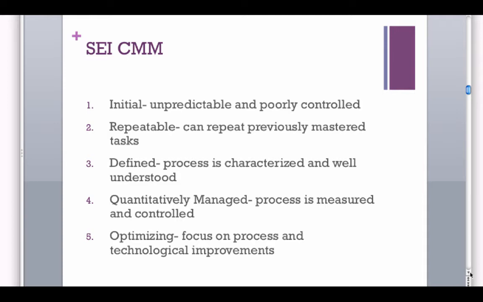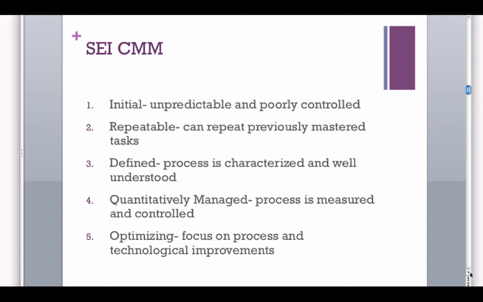Okay, so throughout the rest of the course, you might hear me talk about SEI level 1 or SEI level 3 or SEI level 5. These are the 5 different plateaus that this body, the Software Engineering Institute, has decided is a good way to characterize maturity in an organization.